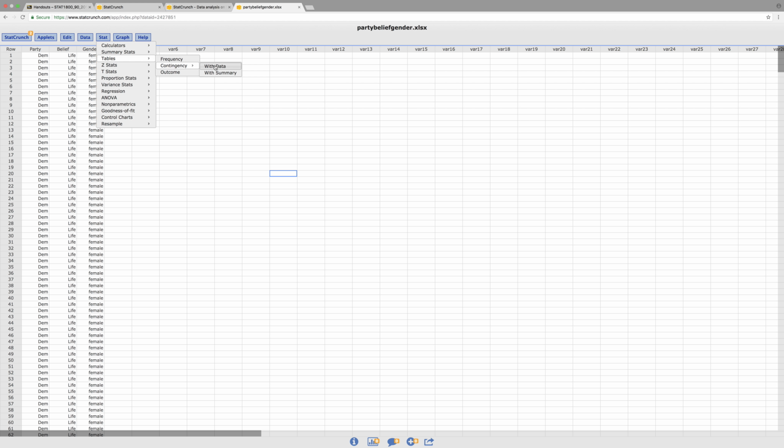Don't even write that down because we don't go there. My graduate students, I teach a section on log linear analysis, and it's their least favorite section because it's just complicated. So we're going to keep it simple, and all of our contingency tables are going to deal with just two variables. So the two variables I'd like to look at right now are party and belief.